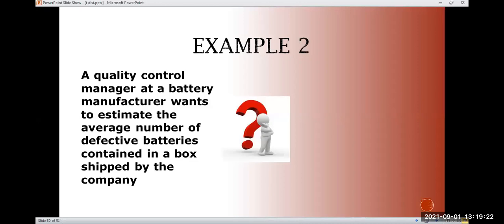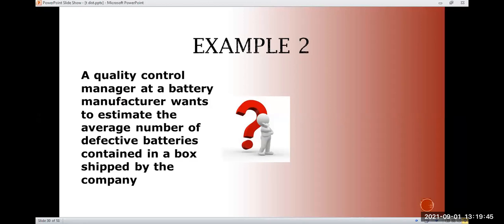Another example is with respect to the mean value. Here a quality control manager at a battery manufacturer wants to estimate the average number of defective batteries per production, in a particular day or in a particular box shipped by the company.